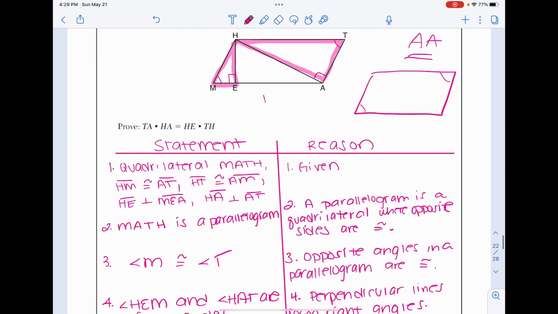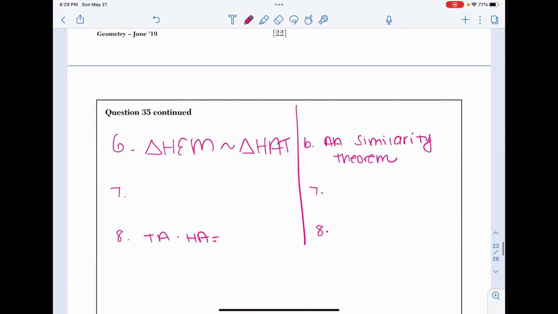Sorry, I'm scrolling back and forth. And I'm going to put that for the proof. Okay, so I'm telling you that if it's similar triangles and the proof statement is about these products being equal, you have 2 more lines to go. The reason I fill that in is to help me fill in line 7. I kind of work backwards.